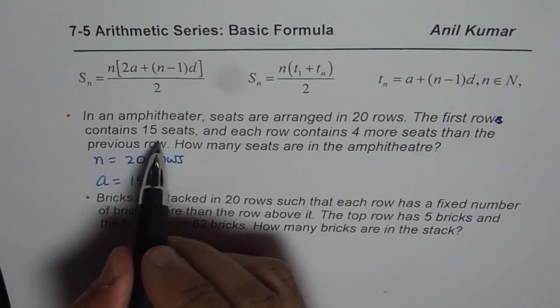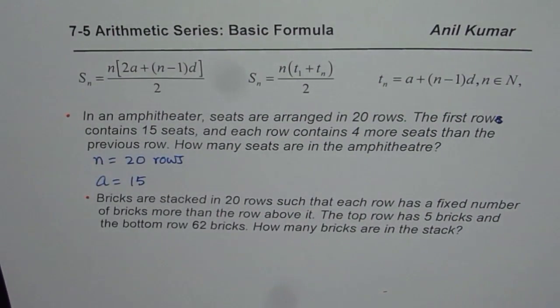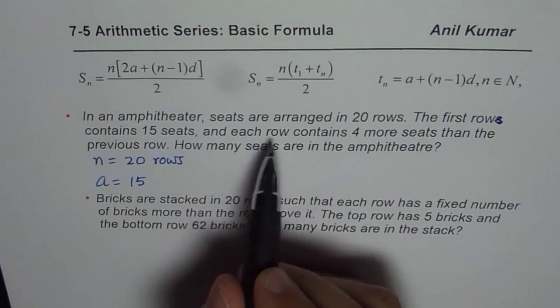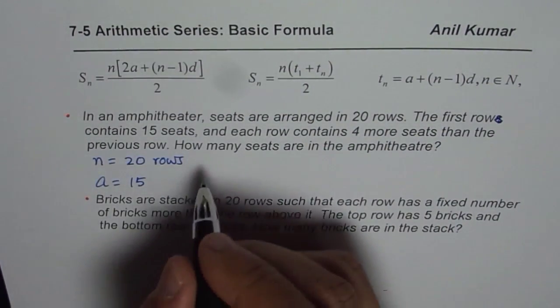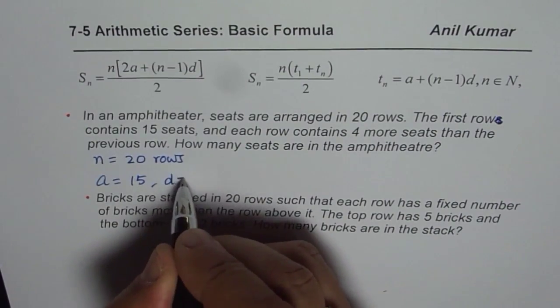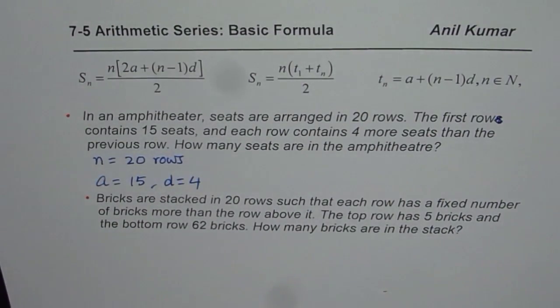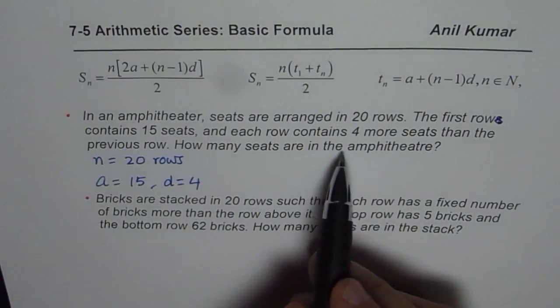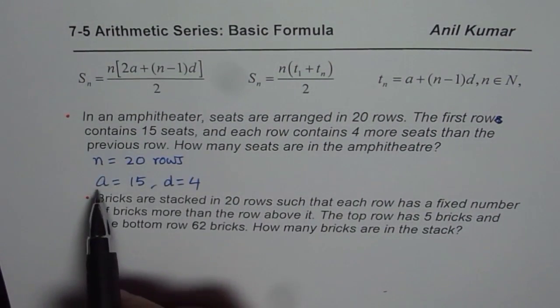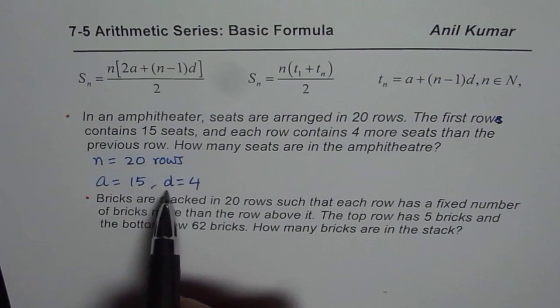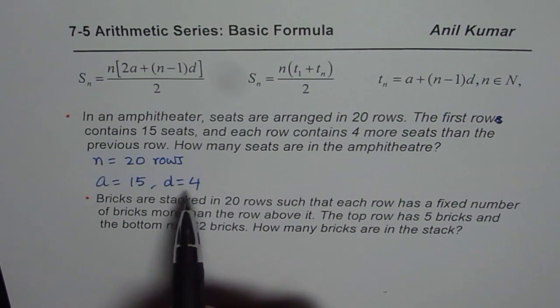In the first row there are 15 seats, and each row contains 4 more seats. That means common difference d is 4. You get the idea. So in this particular case, we know n, the number of rows, a, seats in the first row, d, by how much they are increasing in each row, the common difference.